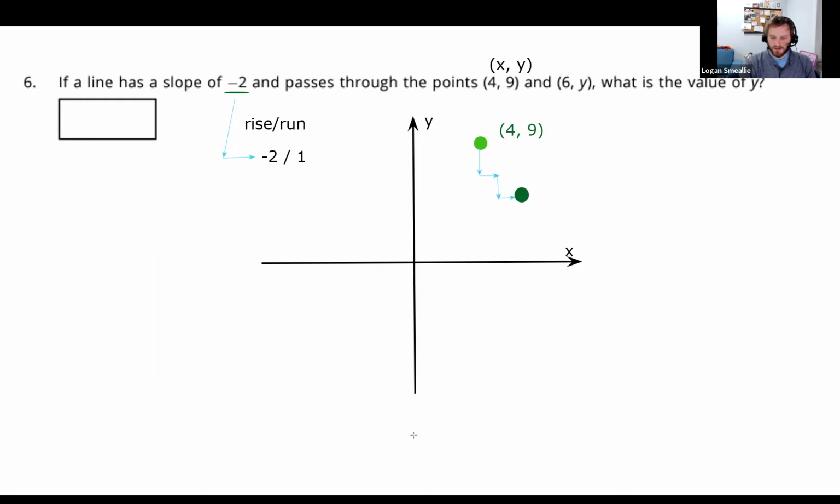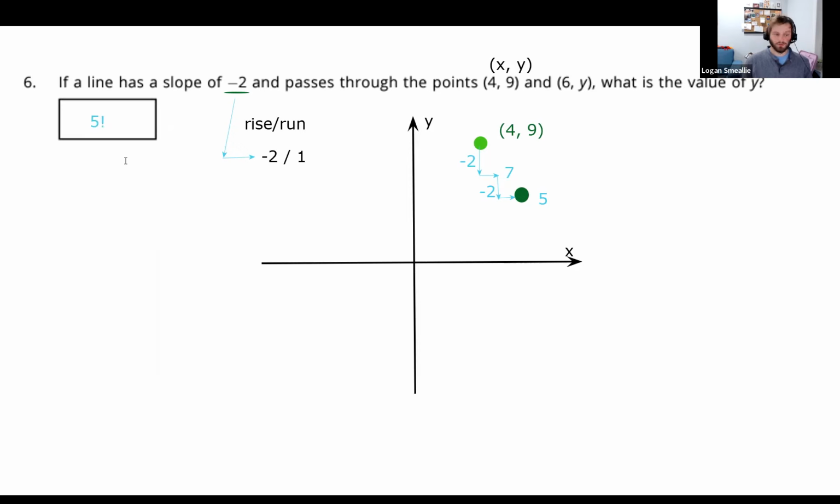And what I can see here is that I went down 2, and then I went down 2 again. So this sort of intermediate point would have been at a height of 7, and that one would have been at a height of 5 since I went down 2 each time. So in this way, I'm almost treating it like little board game hops. And that is our final answer of 5.